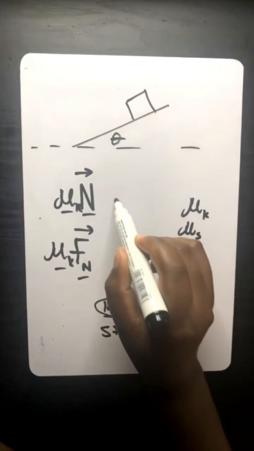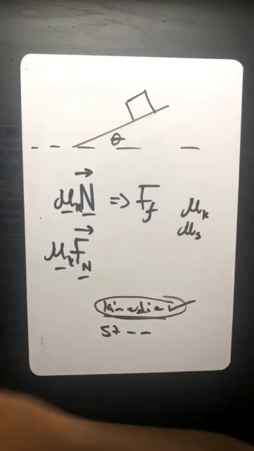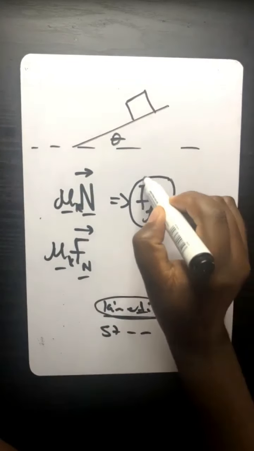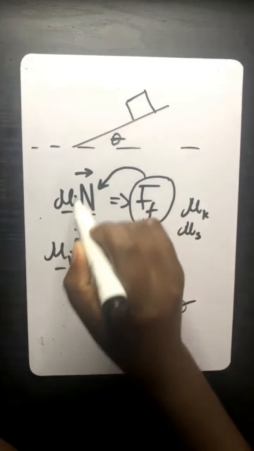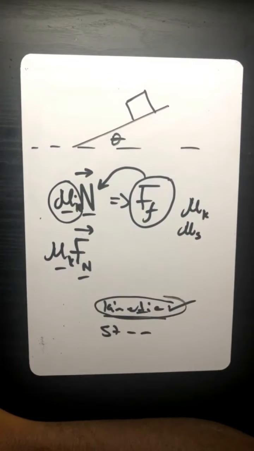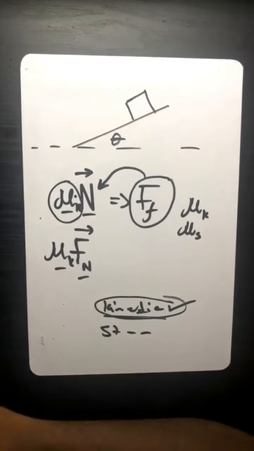So we have the frictional force as a result of the normal force being multiplied by the kinetic coefficient. So that is where frictional force comes from, ladies and gentlemen.